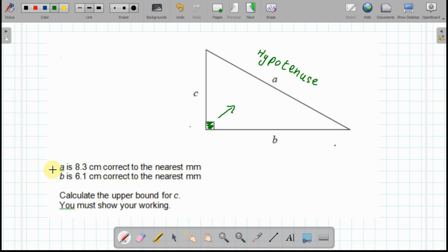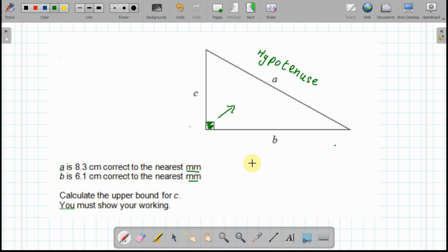A is 8.3 centimeters, correct to the nearest millimeter. B is 6.1 centimeters, correct to the nearest millimeter. So the degree of accuracy is to the nearest millimeter.